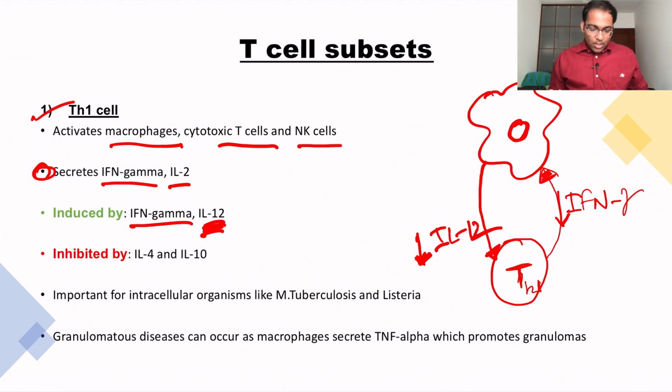Now, it is inhibited by interleukin 4 and interleukin 10. Now, this T helper 1 is important for intracellular organisms like Mycobacterium tuberculosis and Listeria. Now, why is that? Because imagine if there is a situation where we have a T helper 1 cell that is unable to secrete interferon gamma in sufficient amounts. So, do you think that if there is less amount of interferon gamma, will the macrophage be able to activate itself?